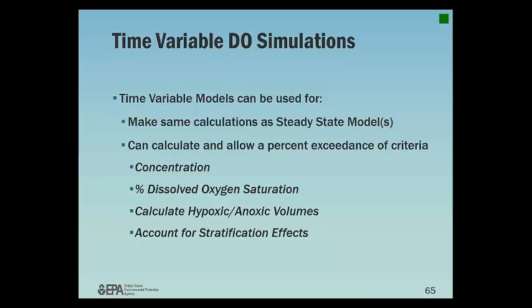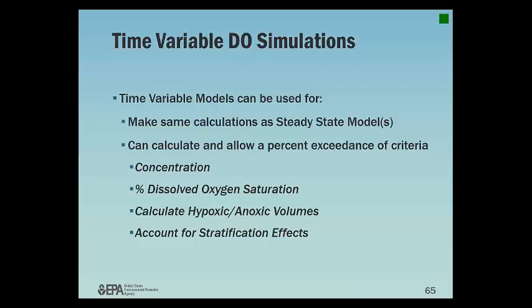It should be clear that you can use the time variable models to make the same calculations as the steady-state models. They're all capable of doing that. The only difference between a steady-state and a time variable model is that a steady-state model assumes everything's in equilibrium, there are no changes, so it can use a more simplistic solution technique versus a time variable model, where it has to iterate to get to the steady-state answer.